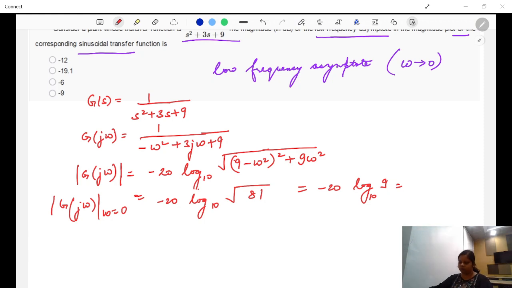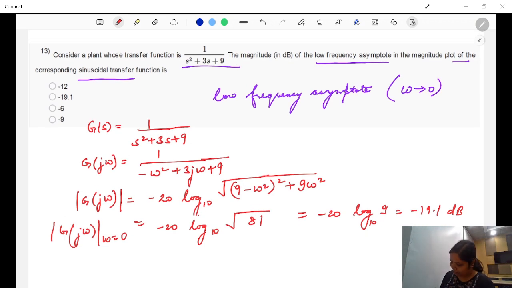Minus 19.1, madam. Directly. Good. So the magnitude as frequency tends to 0, I should not write it in this way. Actually, it should be written like this. Limit omega tends to 0, you get minus 19.1 dB. So this is your answer.